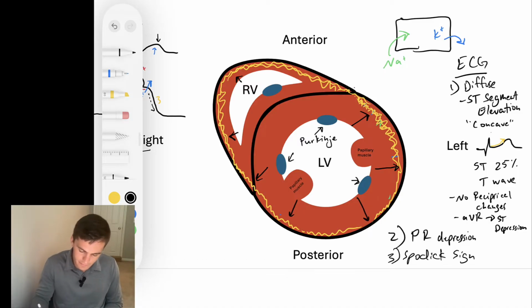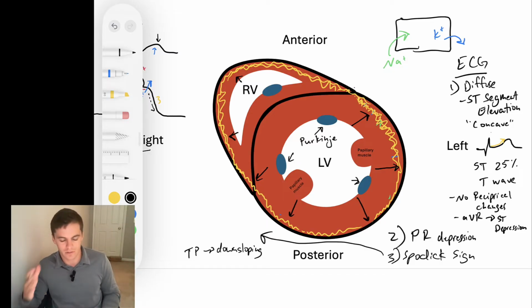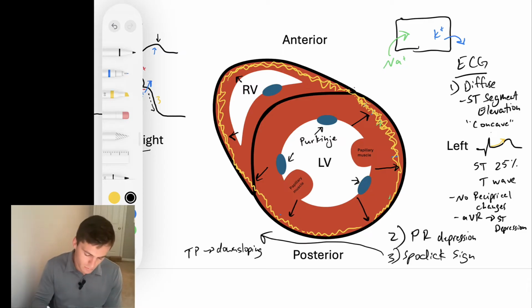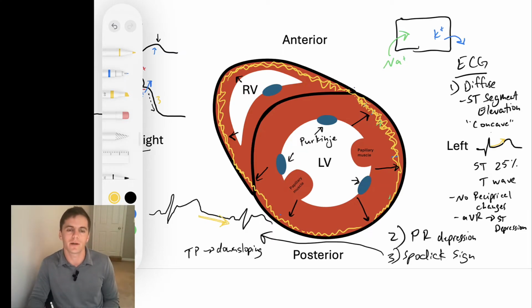The Spodek sign is when the TP segment is downsloping, so from the end of the T wave to the next P wave is downsloping. It might be something like this: you have a P, then our QRS, and this is pericarditis, so it's elevated. Then you get a downsloping to the next P, a little bit of downsloping of the TP segment, okay?